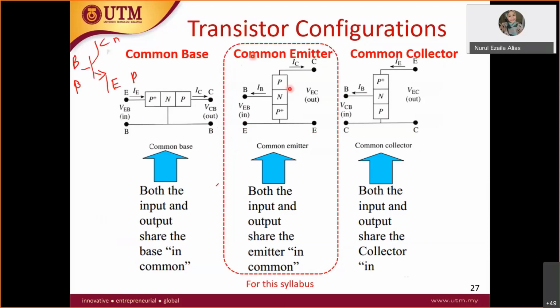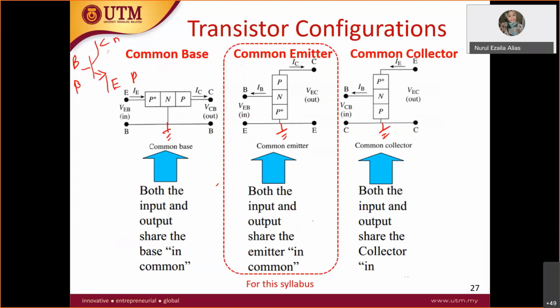There are also types of configuration: common base, common emitter, and common collector. Common means the ground. When it says common base, it means the base is grounded. When it says common emitter, the emitter is grounded. When it says common collector, the collector is grounded.